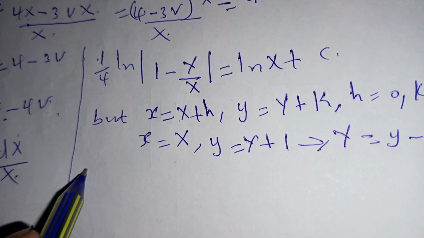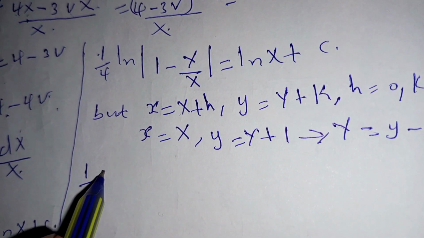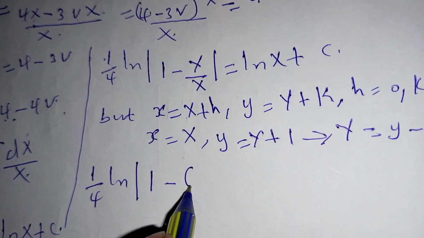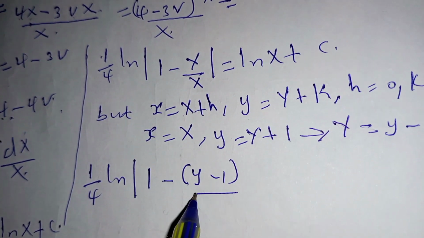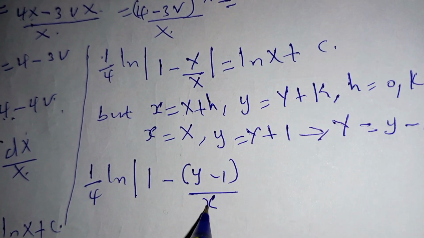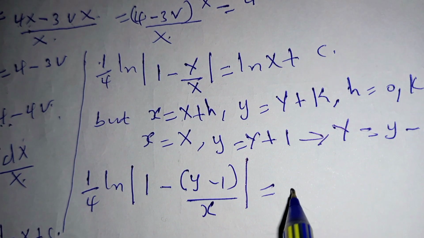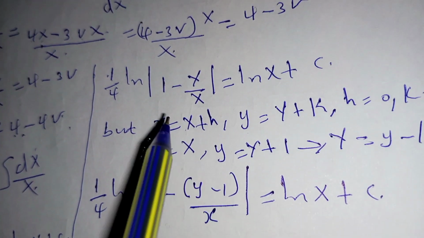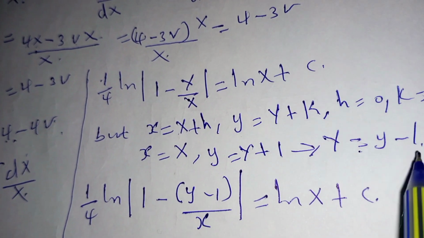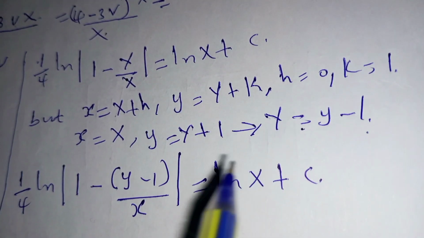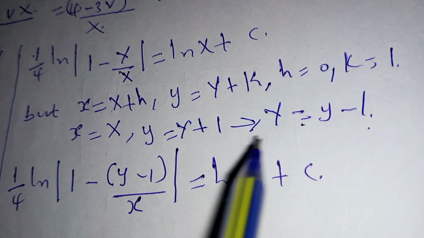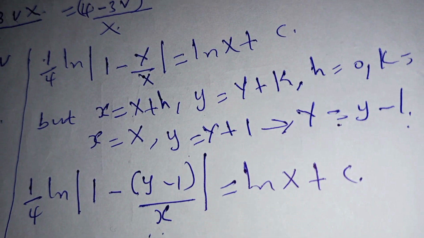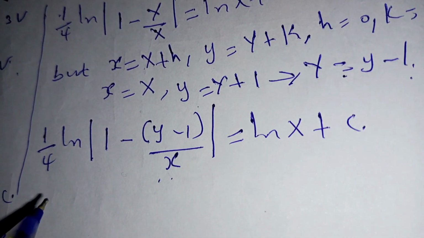So our result will be 1 over 4 natural logarithm of modulus of 1 minus bracket y minus 1 divided by x, modulus, is equal to natural logarithm of x plus c. I have substituted the value of capital Y with y minus 1 and capital X with small x to have this. So that is our result, although you can simplify if you want.